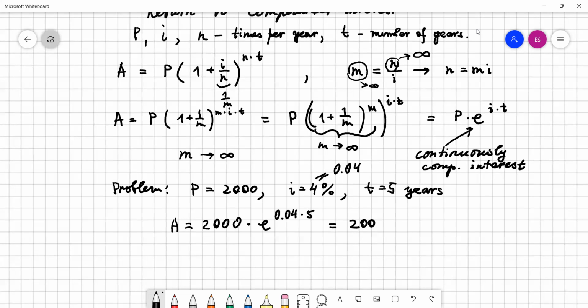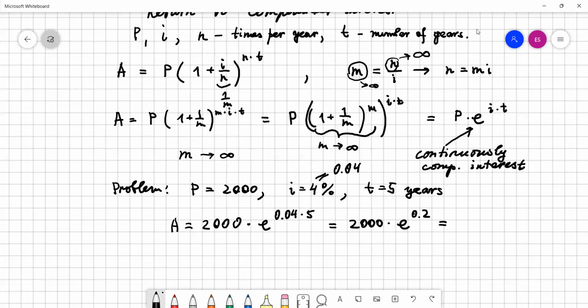We're going to have 2000 e to the power of 0.04 times 5, which gives me 0.2. Guys, give me a second. I'm going to use my calculator and calculate this new number, just to compare to the number we had in the lecture before, when we were compounding this interest quarterly.